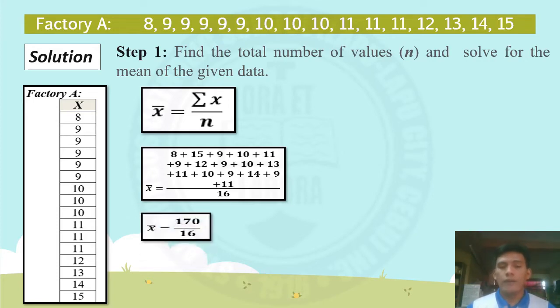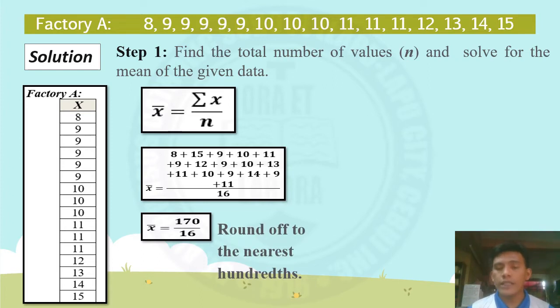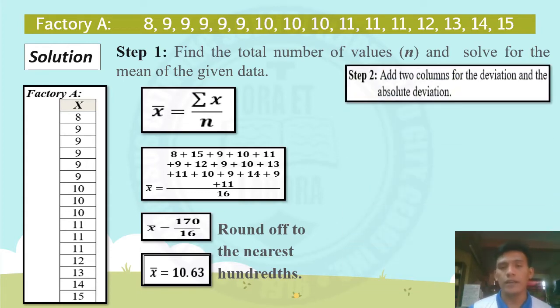The sum of all the values of x is 170 over 16. Round off your answer to 2 decimal places. So the mean is equal to 10.63.